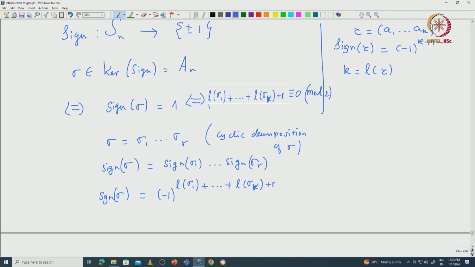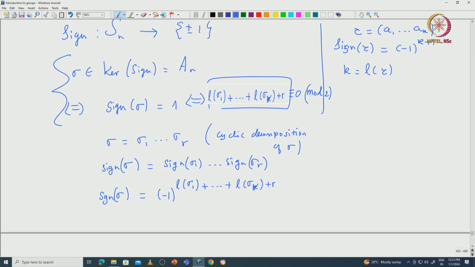So the sum of the lengths should be even, that is what it says. If you write it as a product of disjoint cycles, then if you count the length of each cycle and add it, that should be congruent to 0 modulo 2. This is one of the characterizations for sigma being in A_n.